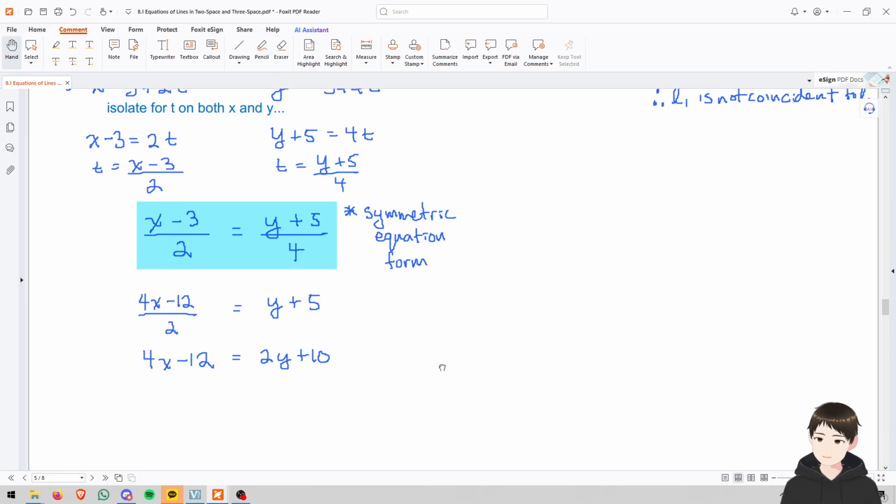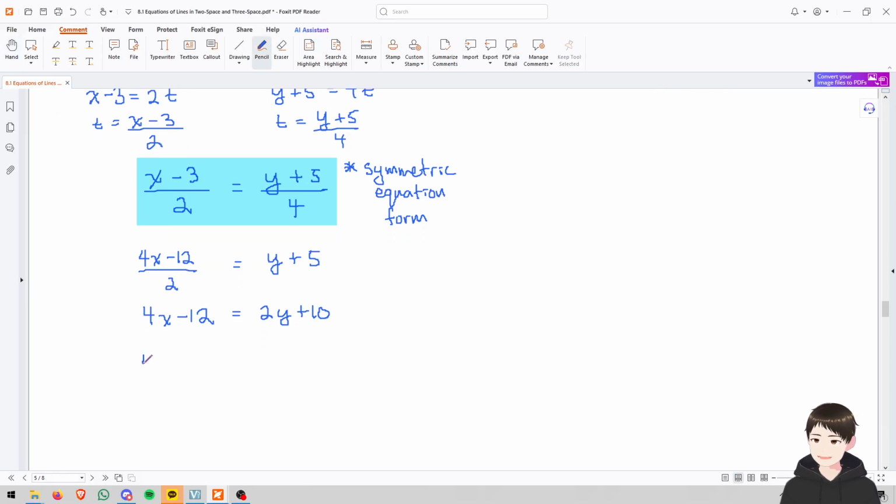And then I will bring everything to one side, giving me 4x minus 2y minus 22 equals 0. Now, I know I could reduce it, and by all means, you could reduce it, but I actually wanted to make a point. Do you notice something interesting about this?